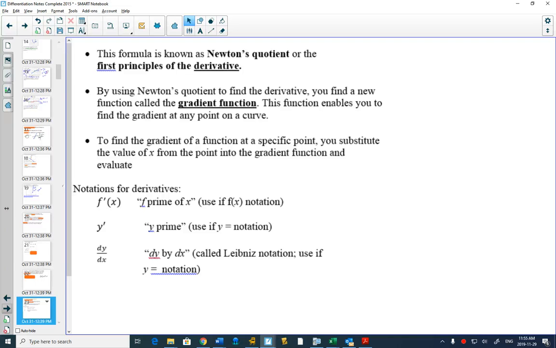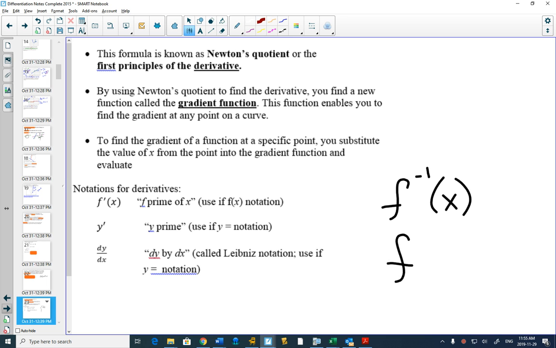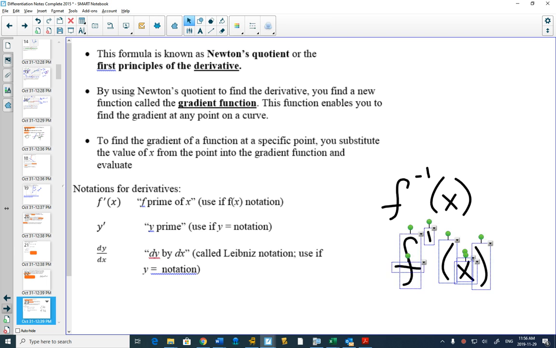f prime of x. It's not an inverse notation, which has a little minus 1, and this isn't an f1 of x. It's a little bit of an angle, like an apostrophe, but not one of those fat apostrophes with a little circle thing.